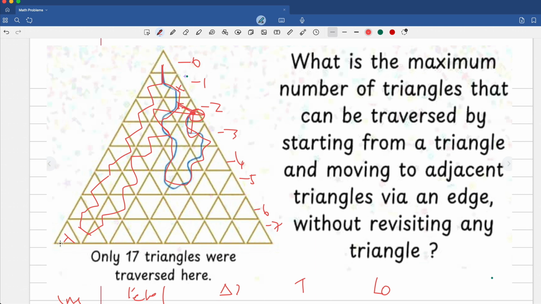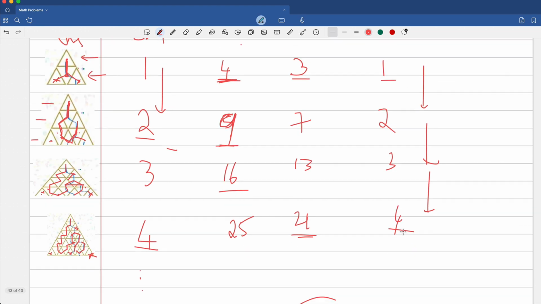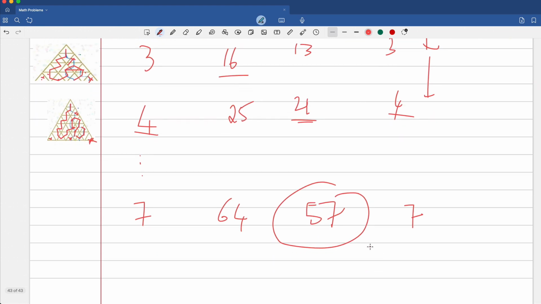So it keeps alternating. You leave this end of the triangle, this end, then this end, and so on. And you'll realize that a total of 7 is what you need to let go of. So 57 would be your answer.